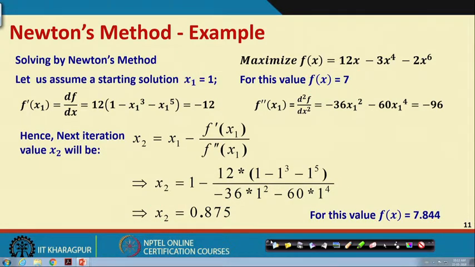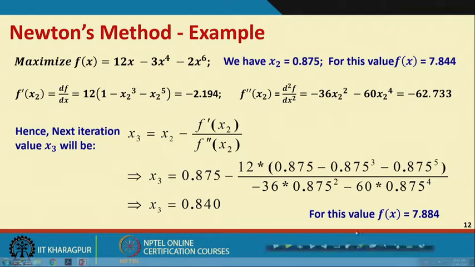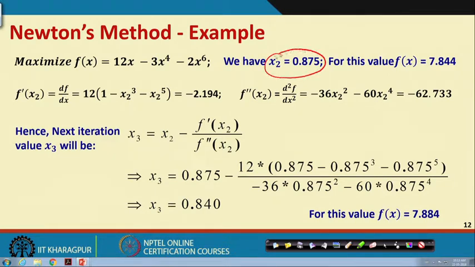That leaves us for our next iteration, so again we move ahead. This time our x 2 is 0.875, and the functional value was 7.844. Again, at this point the first derivative comes to minus 2.194 and the second derivative comes to minus 62.733.